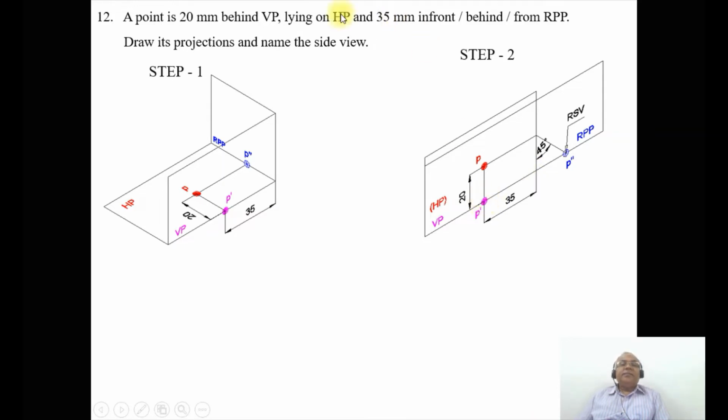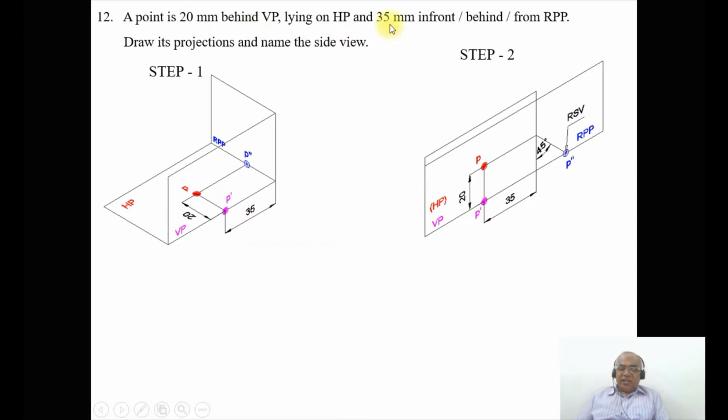As it is lying on HP, suppose it is above HP by 10 mm, then this point P dash will not be on this line; instead it will be 10 mm above it. Suppose it is 5 mm above HP, then that point will be 5 mm above the XY line. As the distance with respect to HP is reducing, the point tends towards the XY line.